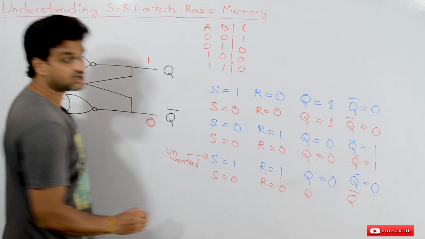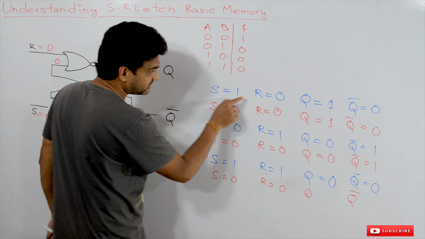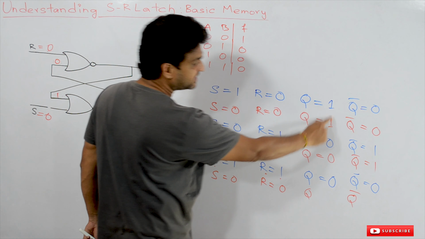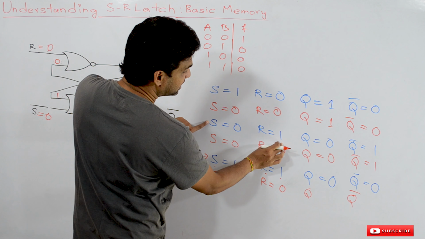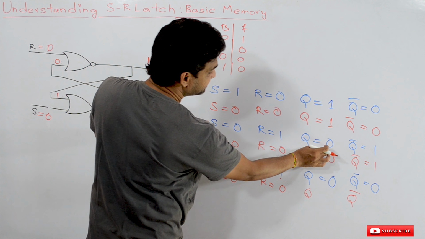Now if you closely observe this part of the circuit, whenever the value of S is equal to 1 and R is equal to 0, Q becomes 1. And whenever the value of R is equal to 1, Q becomes 0.